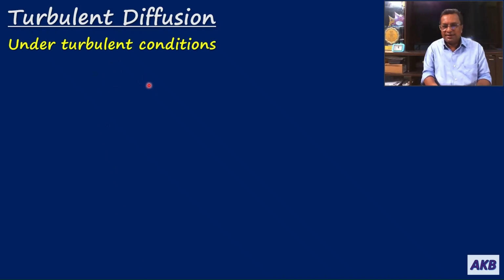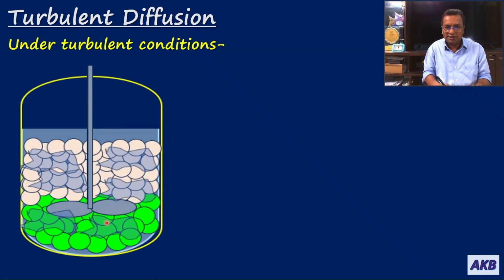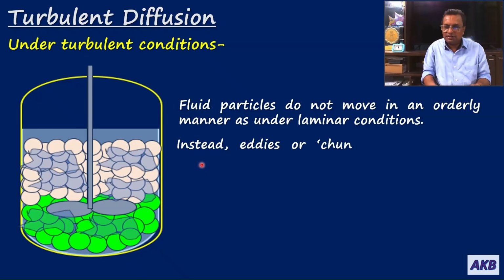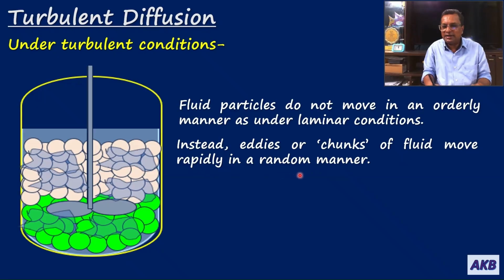Now, under turbulent conditions, where you have eddies, circulating currents within the fluid, what happens? Those fluid particles will no longer move in an orderly manner as they move under laminar conditions. Instead, eddies or chunks of fluid move rapidly in a random manner.